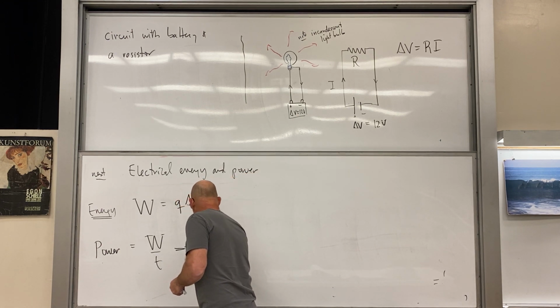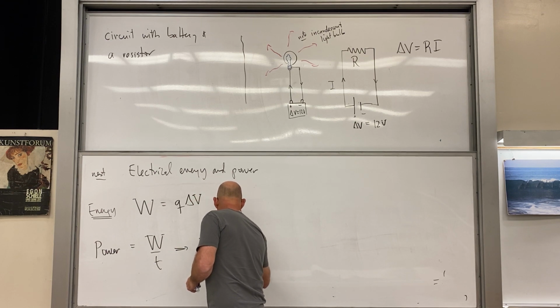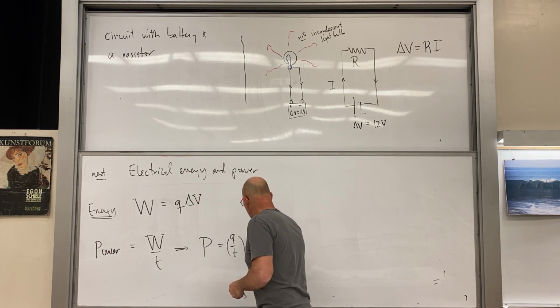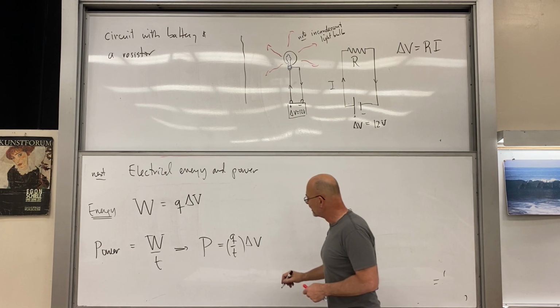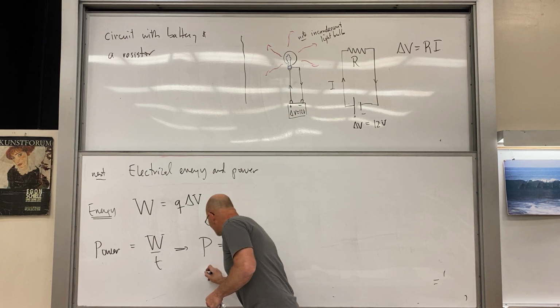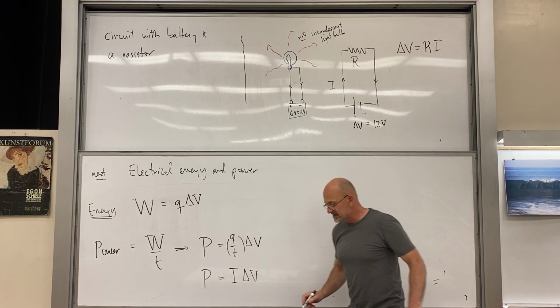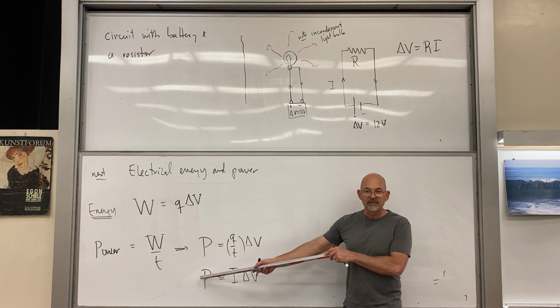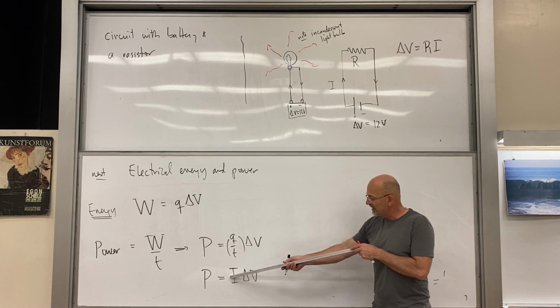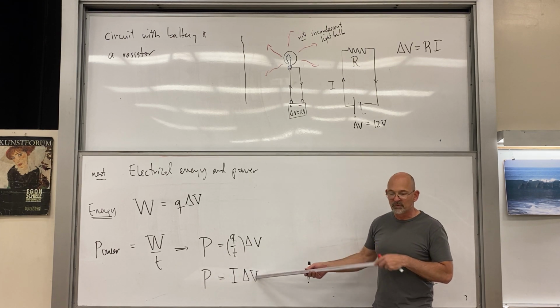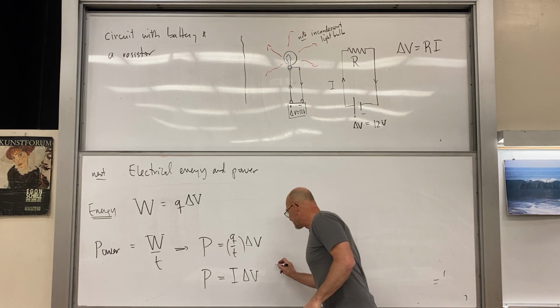So what I'm going to have is power equals Q over T delta V, or current times delta V. This is very easy to remember. I delta V, because these are your watts, these are your amperes or amps, and these are your volts. So you'll never forget this.